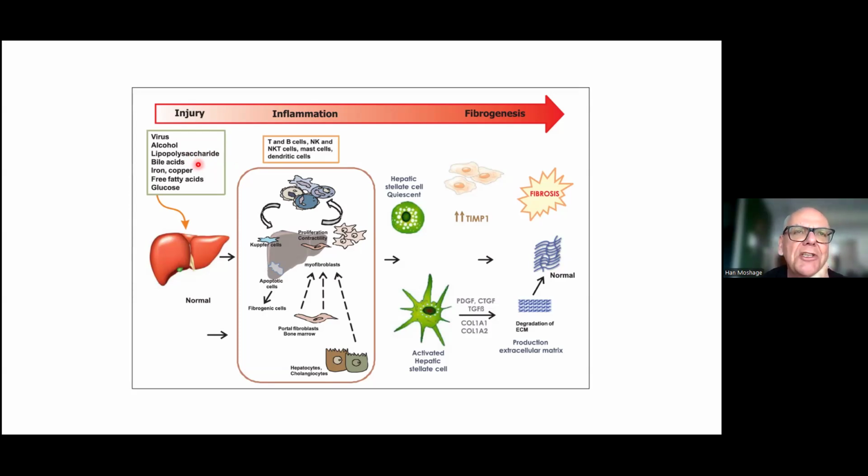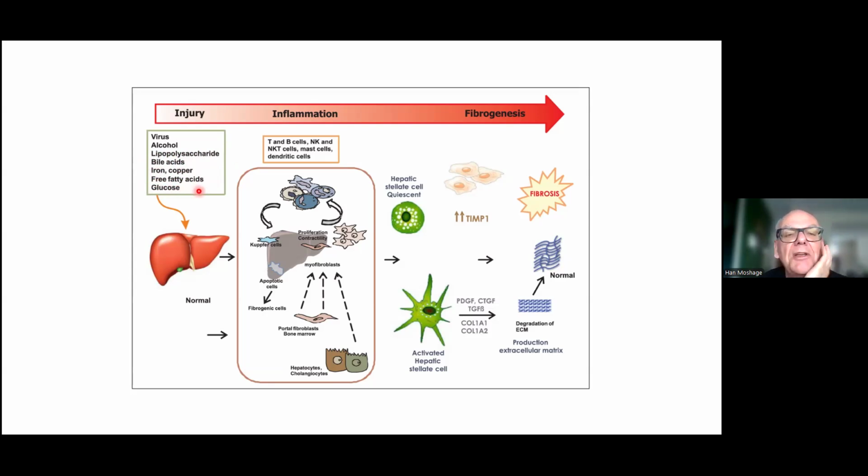If your bile acids are not removed from the liver but are blocked, for example, if you have gallstones or cholestatic liver diseases, then bile acids accumulate in the liver and can also be toxic. Accumulation of iron, of copper can lead to liver injury, excess free fatty acids and glucose as well.